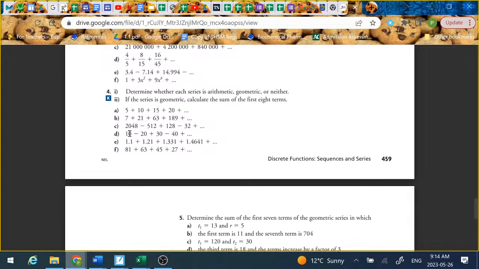If your terms alternate between adding and subtracting, it usually means you're multiplying by a common ratio that happens to be a negative number. You're actually adding the numbers in the series, but because the common ratio is negative, the number keeps changing from positive to negative.